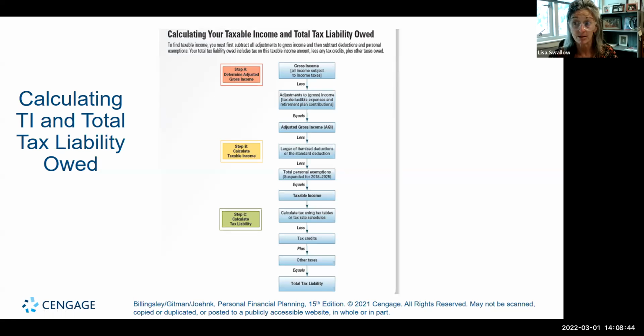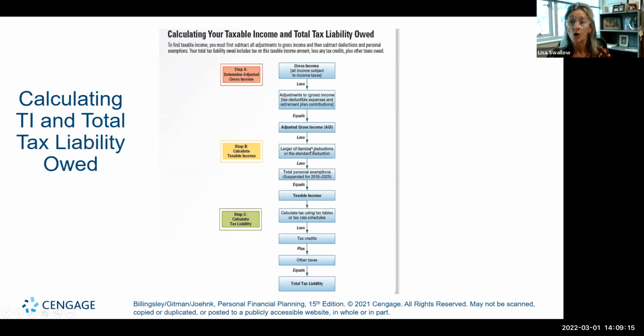Then from that number, before you get to your taxable income, everybody gets to subtract something called a standard deduction or your itemized deductions. Almost all of you, I'm sure, probably take the standard deduction. It's around $12,000 a year if you're single. So everybody gets to subtract that before they get to TI.